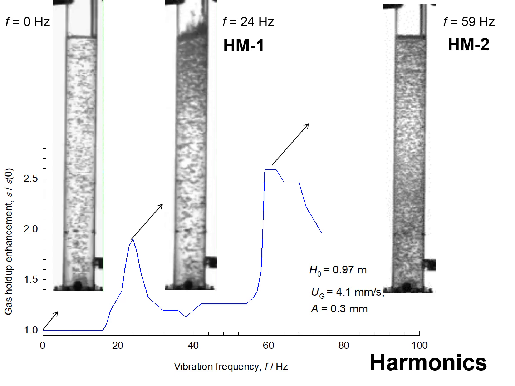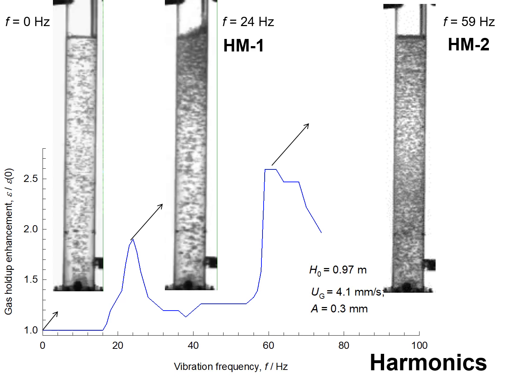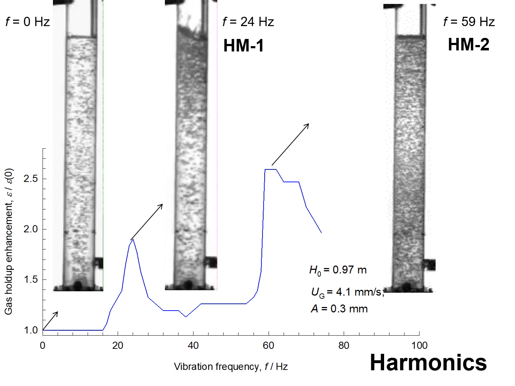We see there's a higher bubble concentration near the top and a lower concentration of bubbles near the bottom at this position. Now let's look at the operation corresponding to 59 hertz vibration frequency.